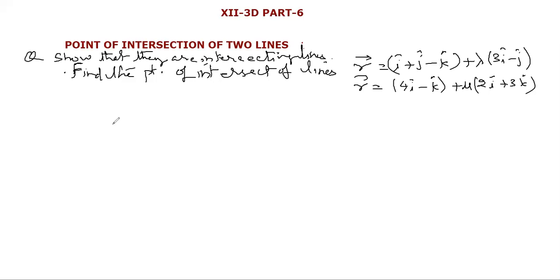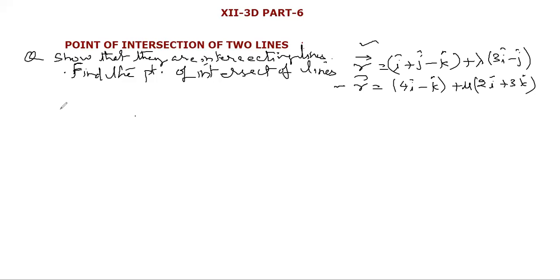So how to find the point of intersection and how to show that they are intersecting lines? We will equate them, because this is representing vector r, this is also representing vector r.